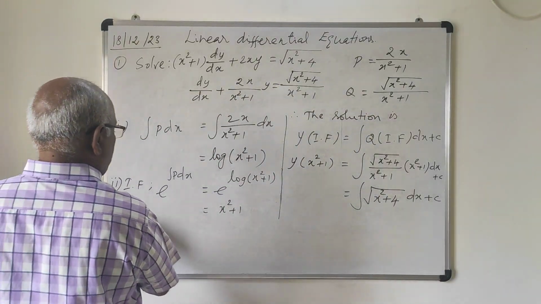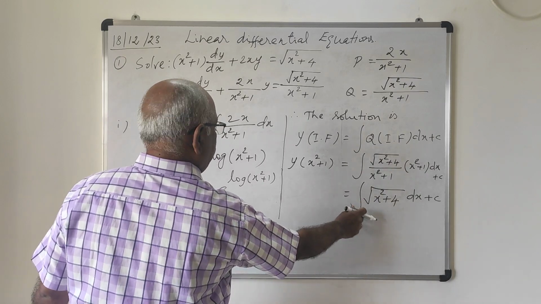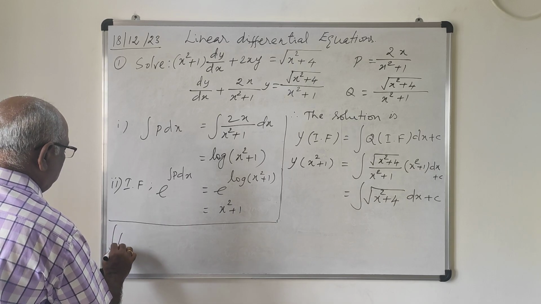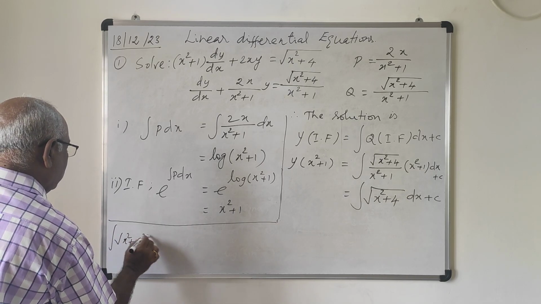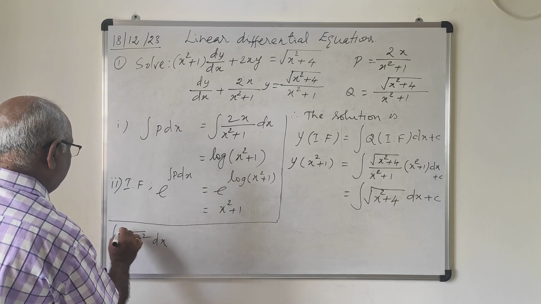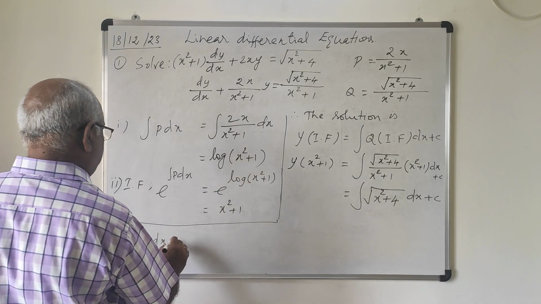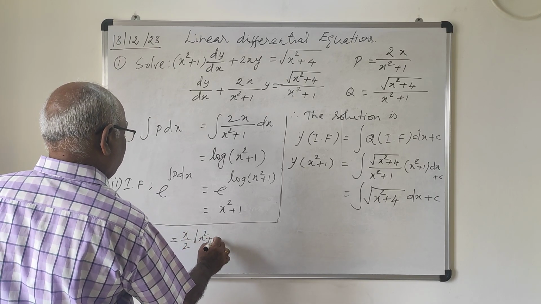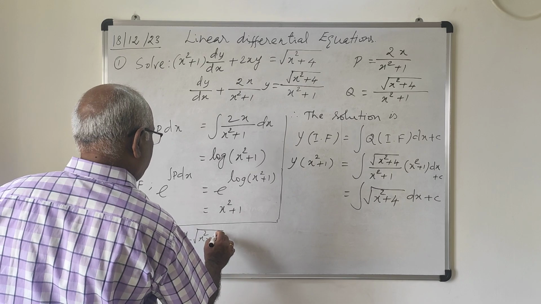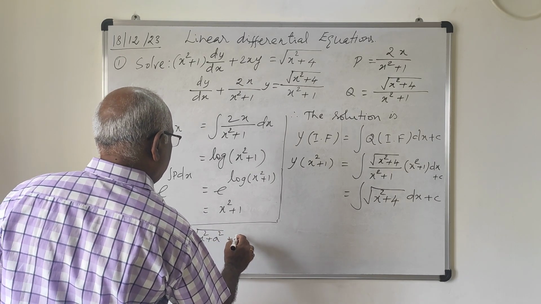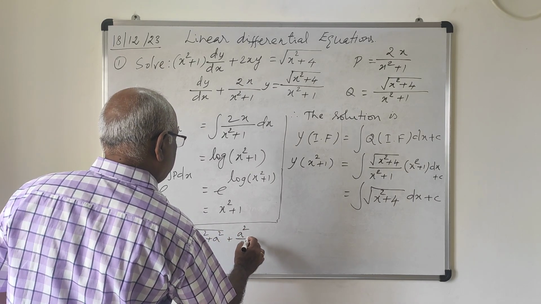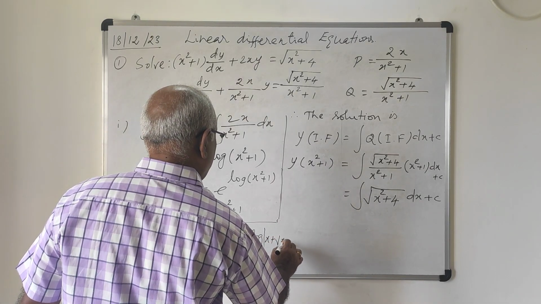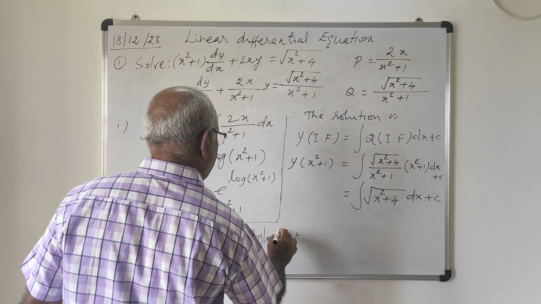So, you remember, there is one formula: integral root of x square plus a square dx equals x by 2 into root of x square plus a square plus a square by 2 into log of x plus root of x square plus a square.